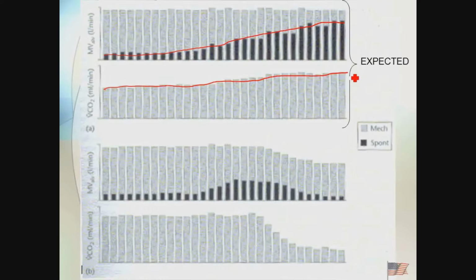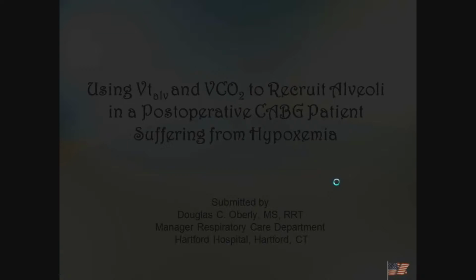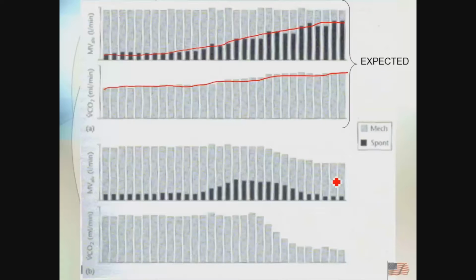Now, the bottom one, we have a situation where, again, we're trying to do a weaning trial, trying to lower the SIMV rate. We get to about this point, and we notice that this CO2 elimination goes down. It would go down simply because I have ineffective ventilation.